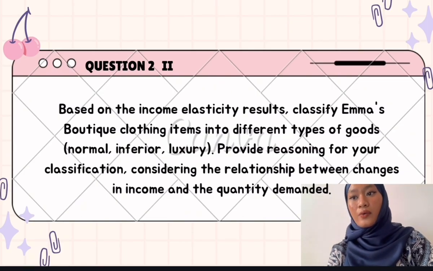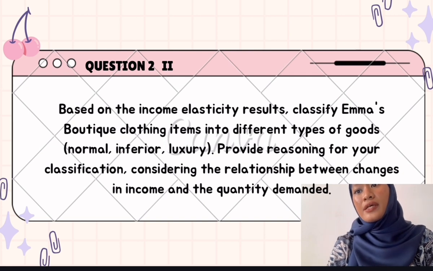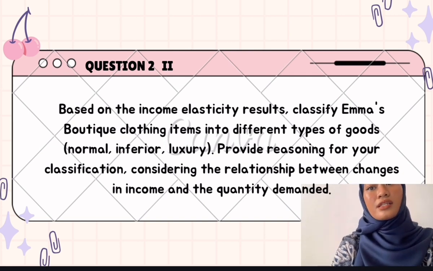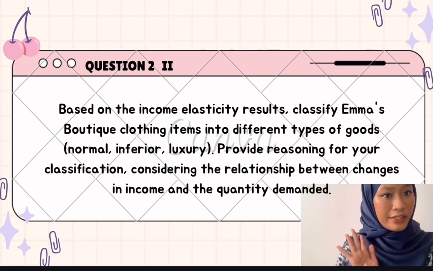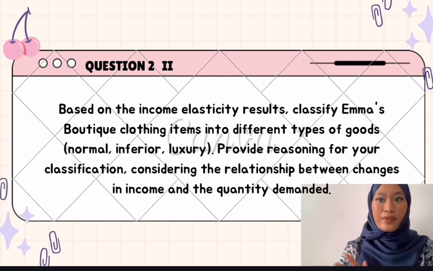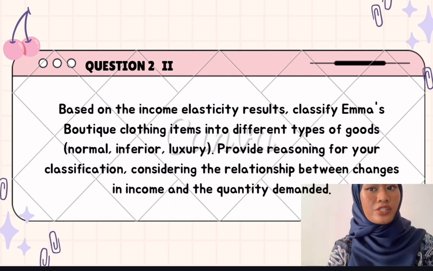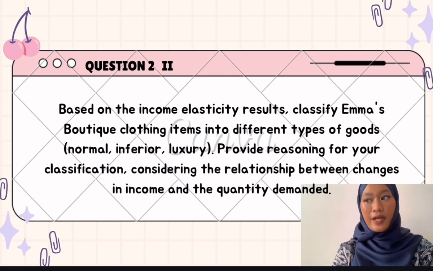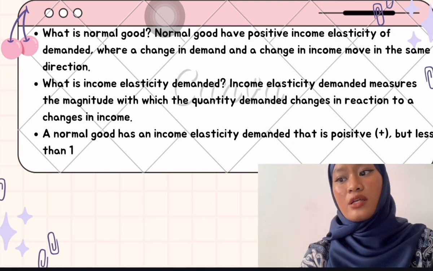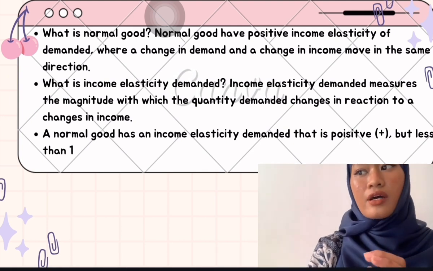For the second question, based on the income elasticity results, classify Emma's Boutique clothing items into different types of good, which is normal, inferior, and luxury. Provide reasoning for your classification considering the relationship between changes in income and the quantity demanded. So as you can see, we choose normal goods based on our result.